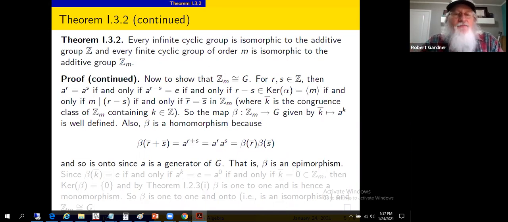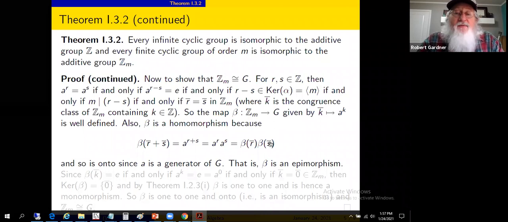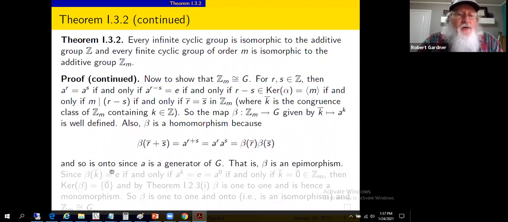It's just notation. So this beta mapping, in fact, is a homomorphism. a is a generator of G, so this homomorphism is an onto homomorphism. That is, it's an epimorphism, onto or surjective. So we've got an onto homomorphism.